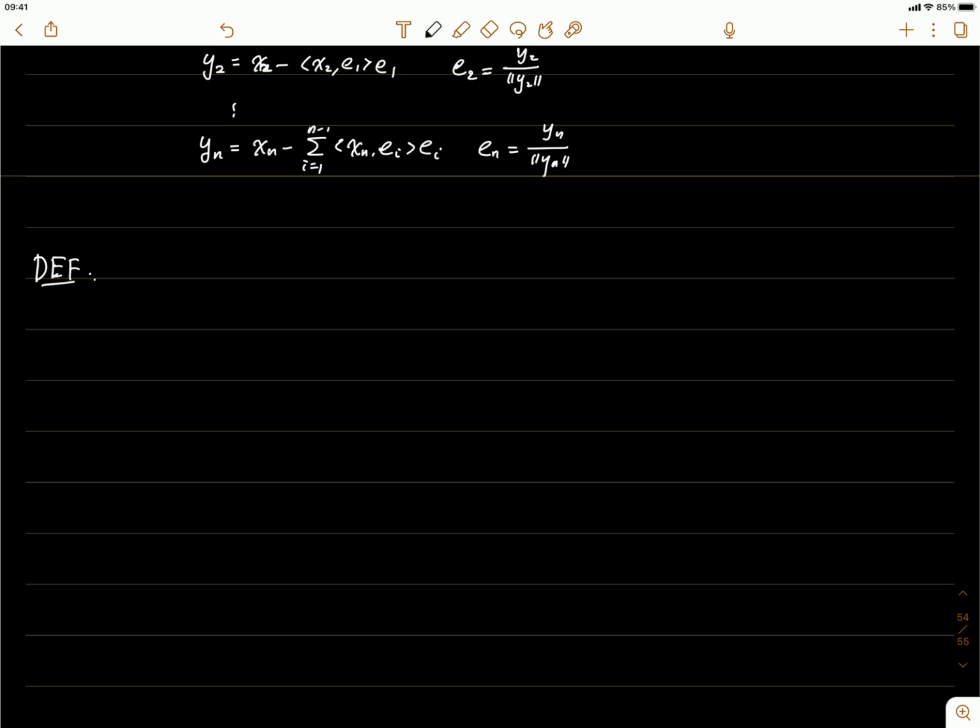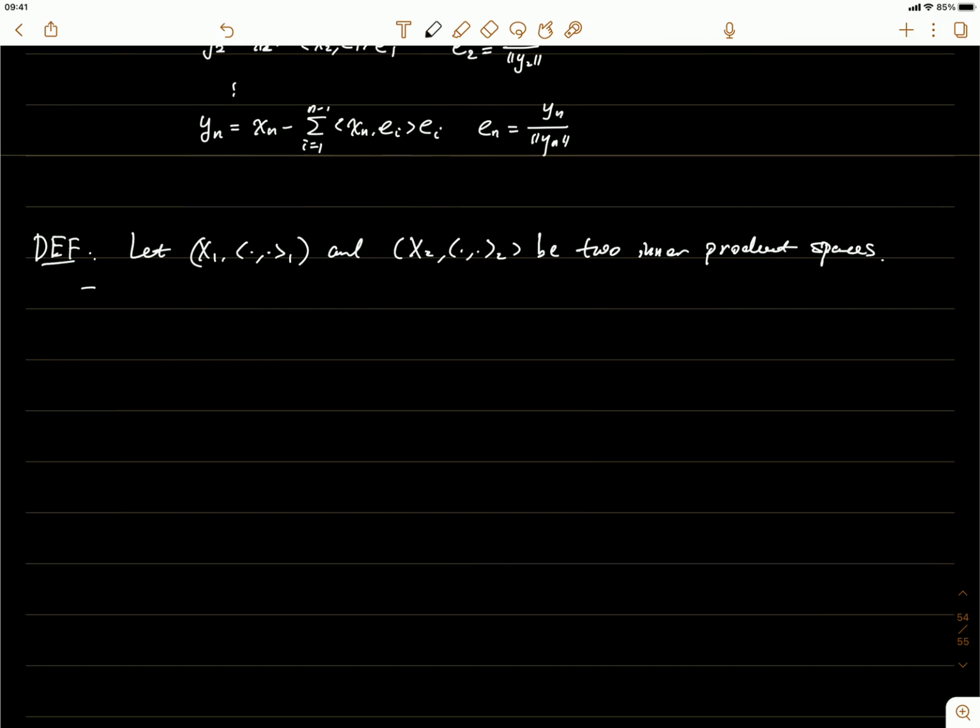So suppose we have two inner product spaces. If there exists an isomorphism, I should say homomorphism.